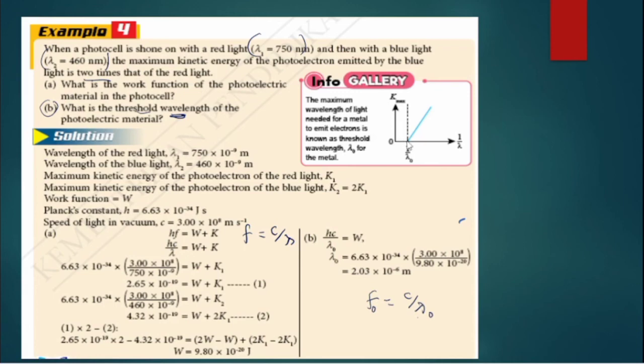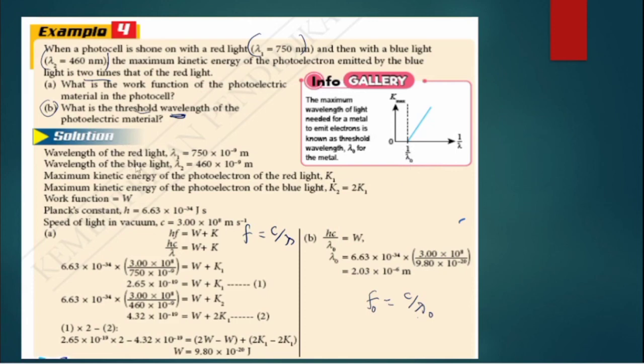But the intercept here is not the value of frequency, but the value of 1 over lambda. If we have a graph of K max against frequency, the intercept shows the threshold frequency. Thus for this graph, it shows 1 over the threshold wavelength, 1 over lambda naught.